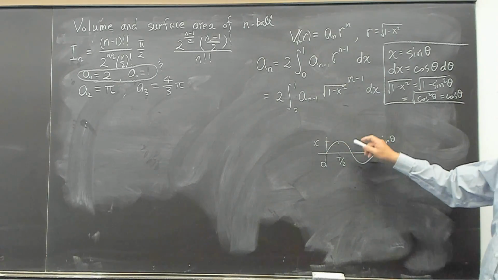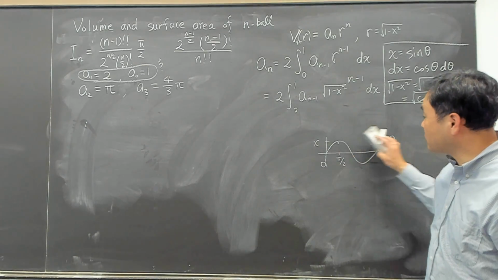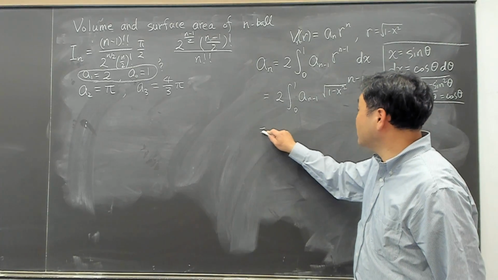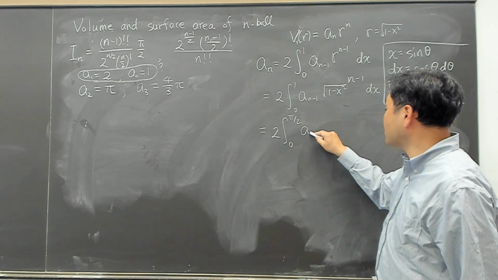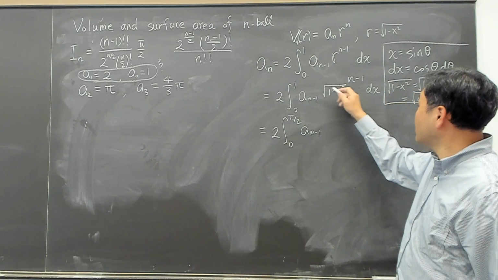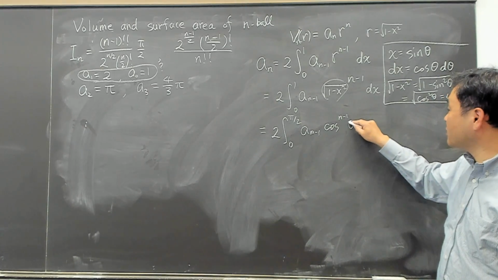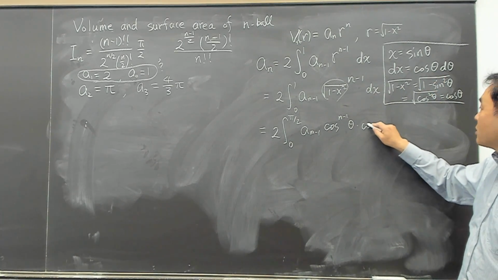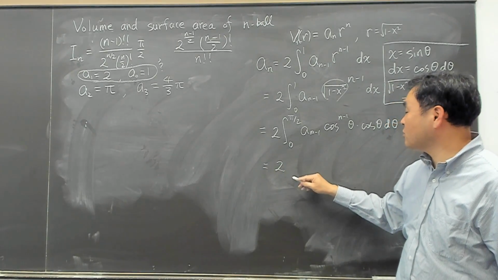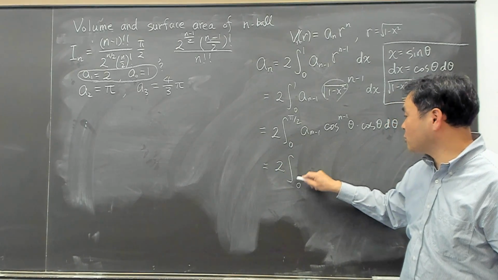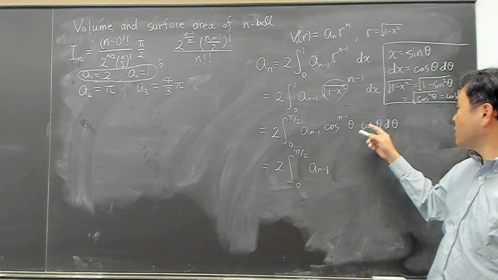As you know that this is the sine graph, and therefore you can rewrite the bounds as the integral from 0 to pi over 2 of a sub n minus 1, and then we just saw that this is going to be cosine, so it will be cosine n minus 1 theta, and dx is cosine theta d theta, so this is going to be 2 times the integral from 0 to pi over 2 of a n minus 1 times cosine to the first power.